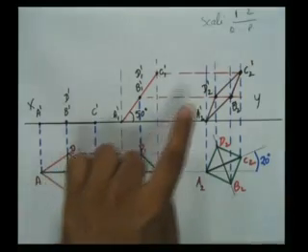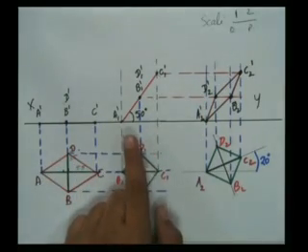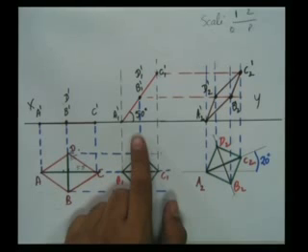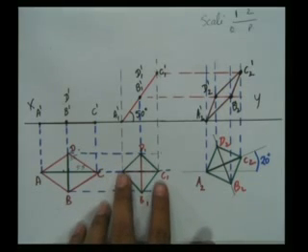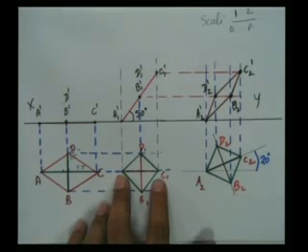So we had this line, and this line was making an angle of approximately 50 degrees with respect to HP. Then in the question it was given that AC makes an angle of 20 degrees with respect to VP.